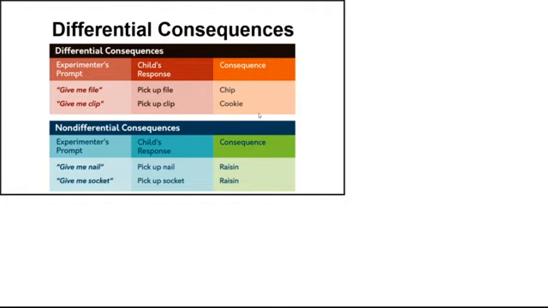So by having distinct chains of an antecedent, a response, and a consequence, and a separate antecedent, response, and consequence, we get easier and faster learning when there are those different lines. Whereas in the non-differential consequences, we have overlap in our consequences, and it makes them less distinct and harder to learn. So by having that distinction between them, we learn those processes faster.